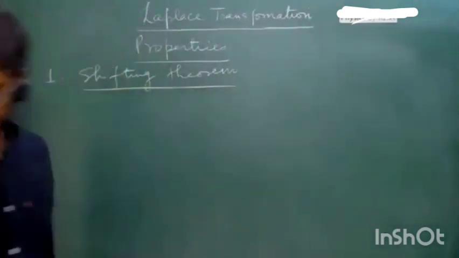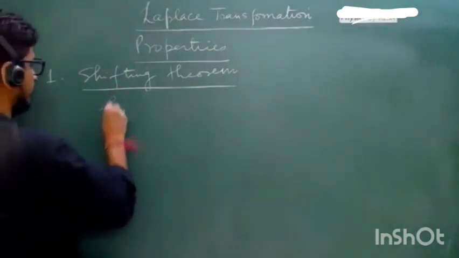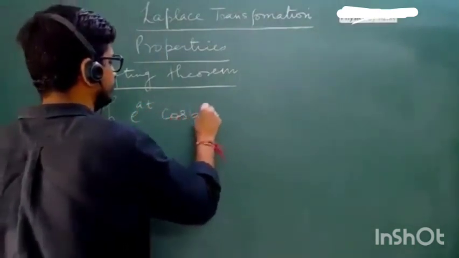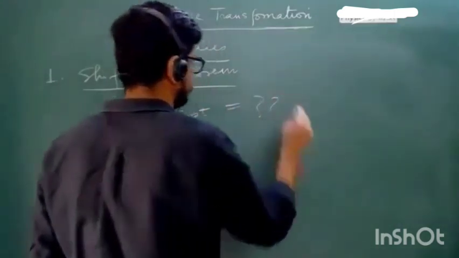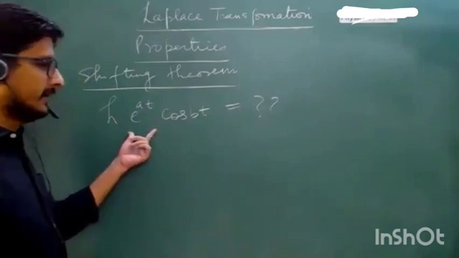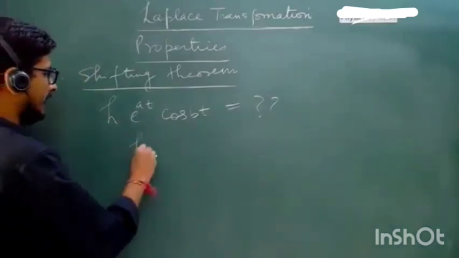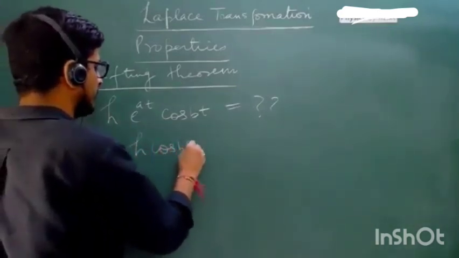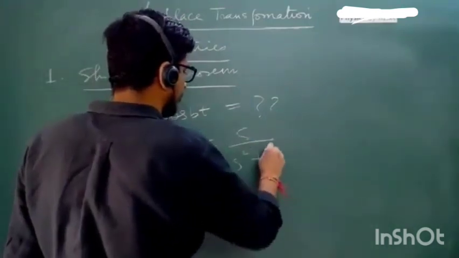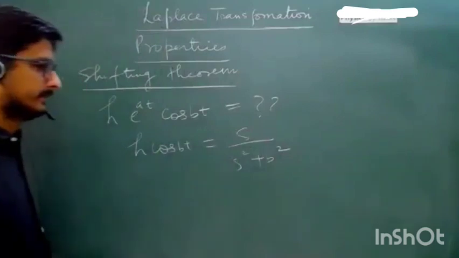Let me solve another one. What is the Laplace of e to the power at cos bt? This is the question. We can do it by first shifting. So first I will write the Laplace of cos bt. It will become s upon s square plus b square.